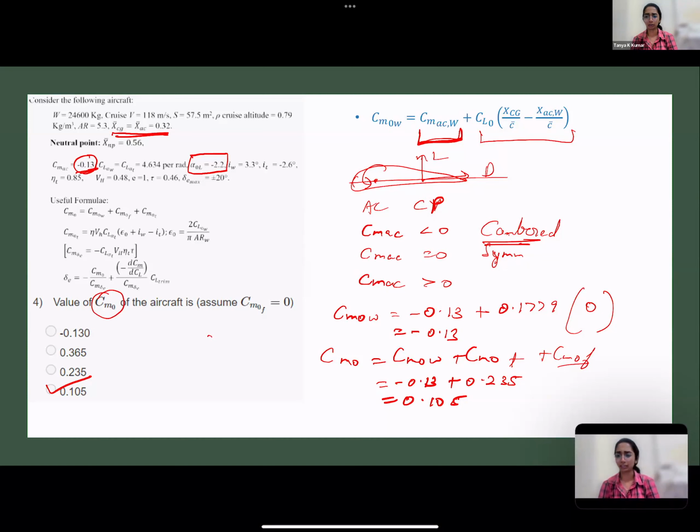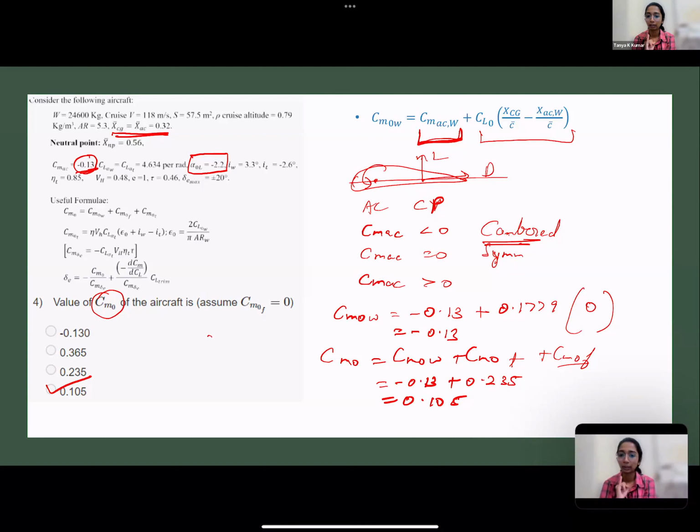Positive, negative, 0? Again, guess. Let's start with your guesses, and we'll try justifying. At least guess. Positive, yes.